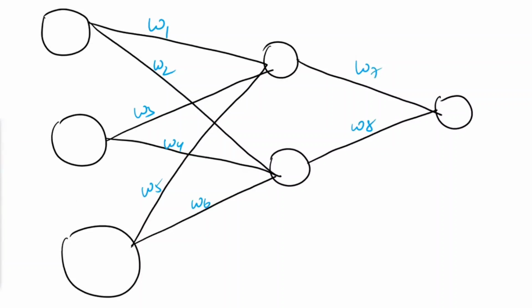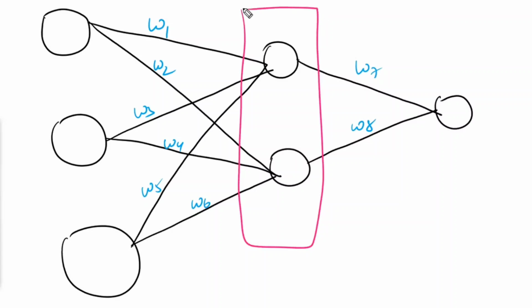Next, for this hidden layer, assign the activation function you want. I'm going to assign ReLU. For the output layer, the activation function depends upon the problem. In my example, TV, radio, newspaper as X1, X2, X3, and sales is the output.